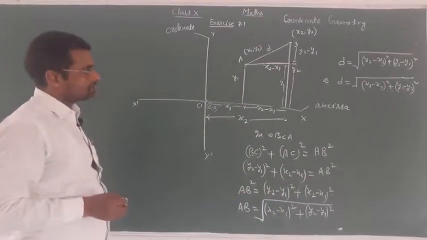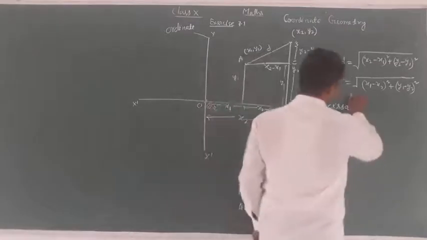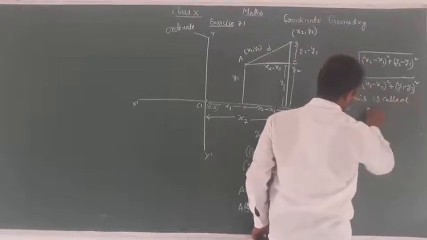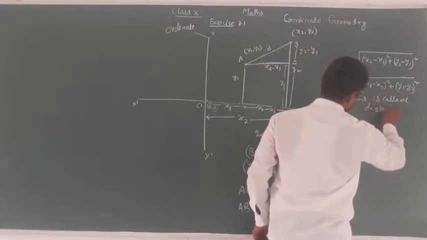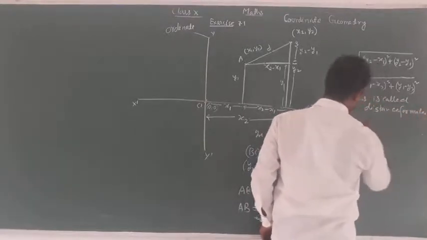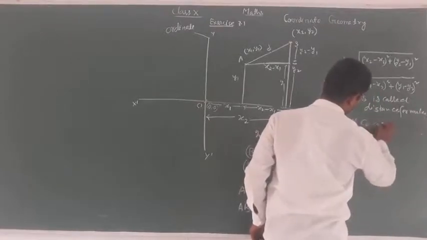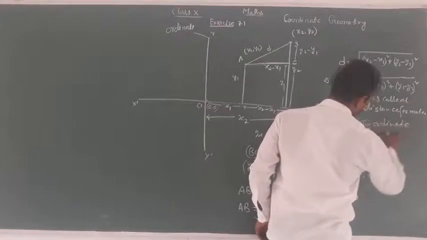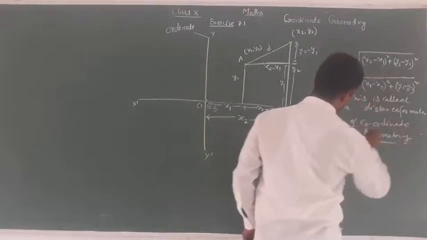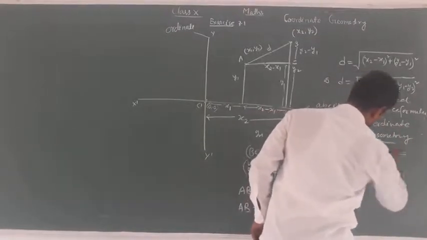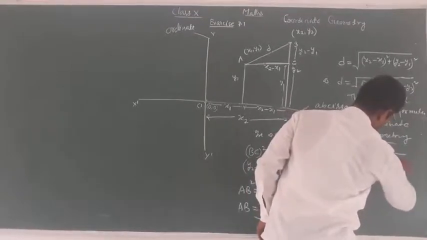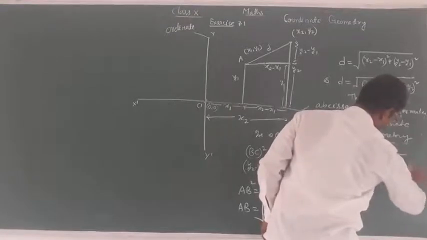So this is called the distance formula of coordinate geometry.